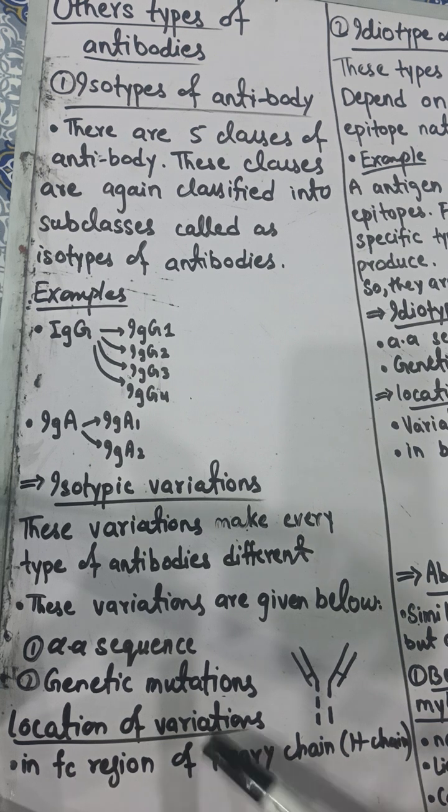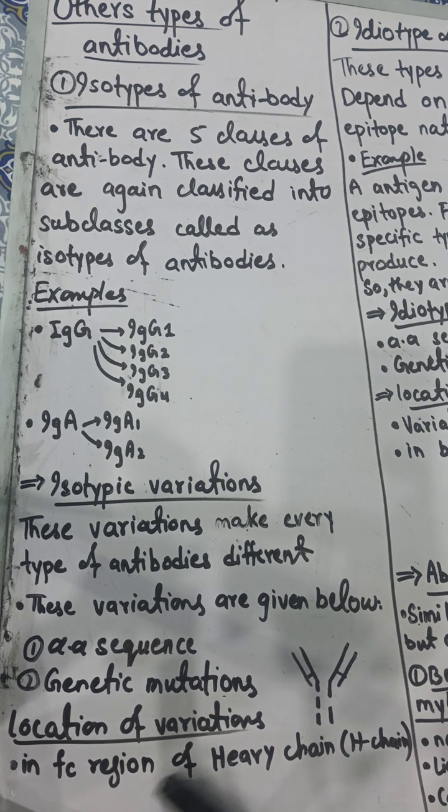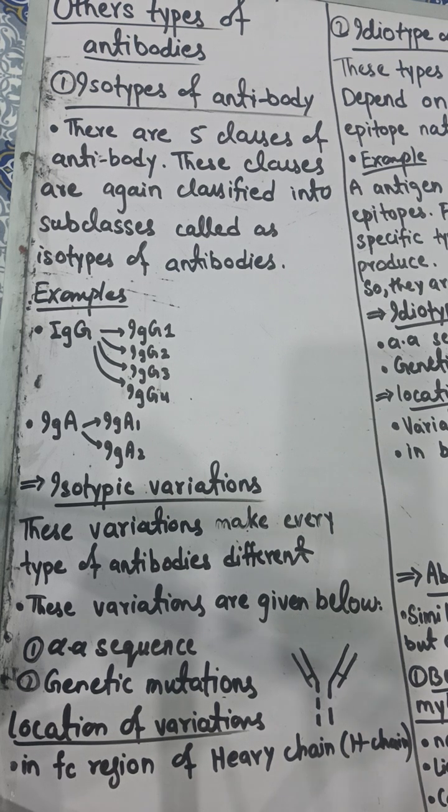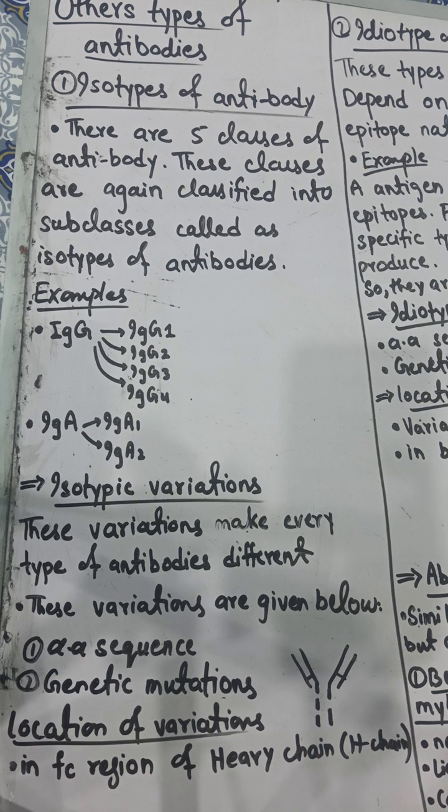So what is the location of variation? At what site do these changes occur? It occurs in the Fc region, in the constant region of the heavy chain, which is also called the H chain. One thing you have to remember: I have drawn the structure of an antibody and left some empty spaces in it, to show you that the variation occurs in that part.